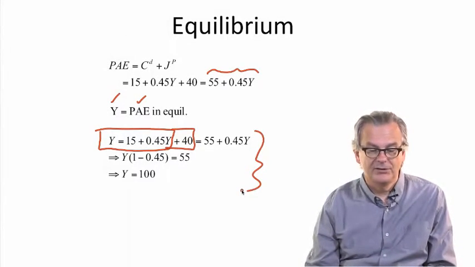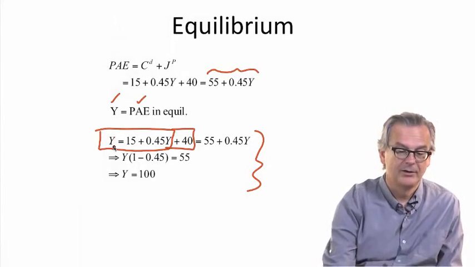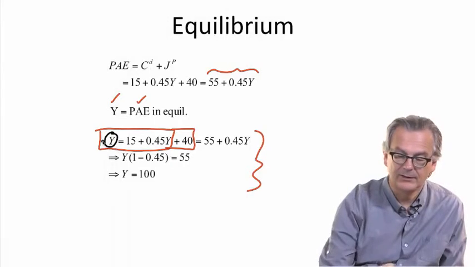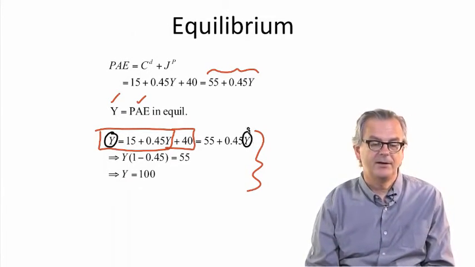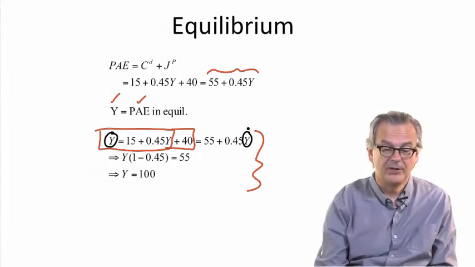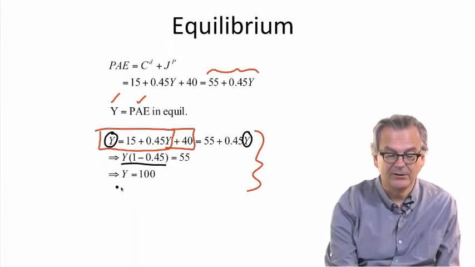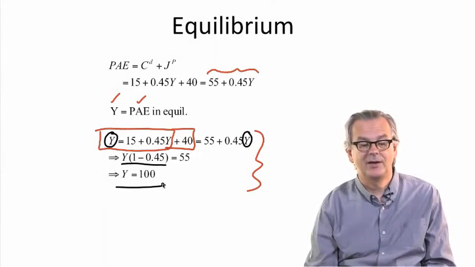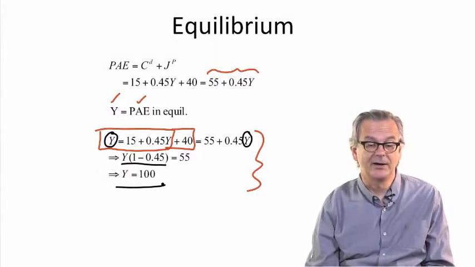We have an equation where we have y on the left-hand side and y on the right-hand side. So simply solve that equation for y, bring those two income terms onto the left-hand side of the equation, and you can soon see that the economy's equilibrium flow of GDP is indeed 100.